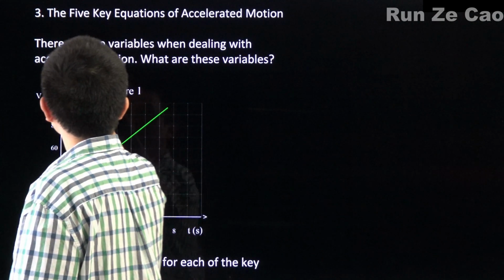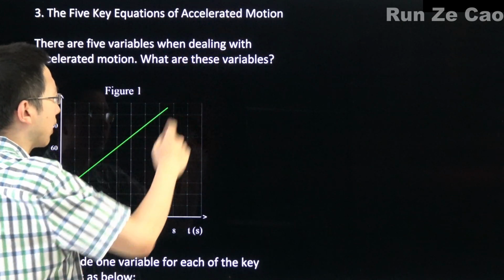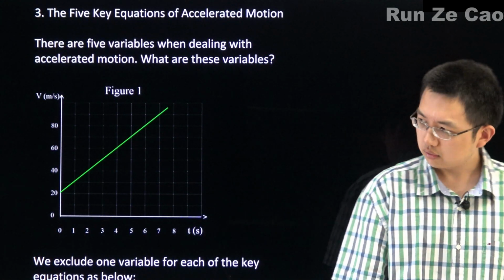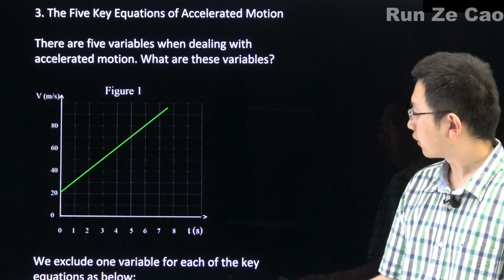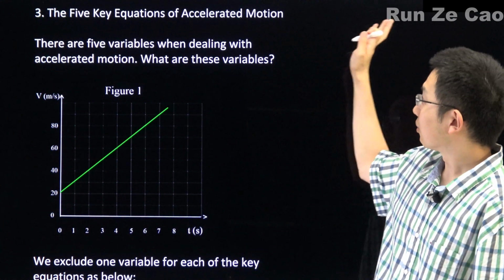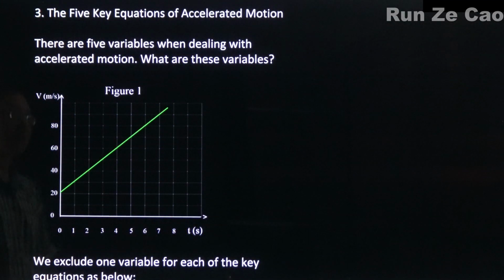So, what about all these variables put together? We have 5 key equations. We already had 2 of them. And what are the characteristics of those 2? Well, we excluded one variable for each of the key equations. We list the key equations below, so we won't go back and mark which ones are excluded on those 2. What are the key variables?